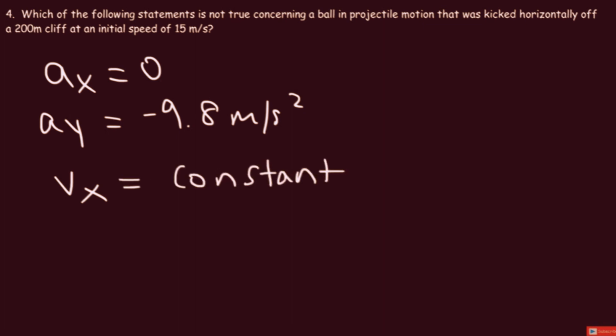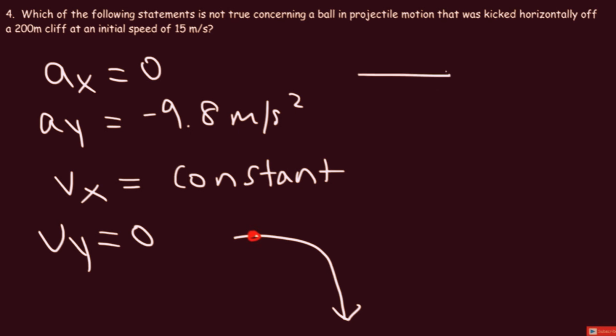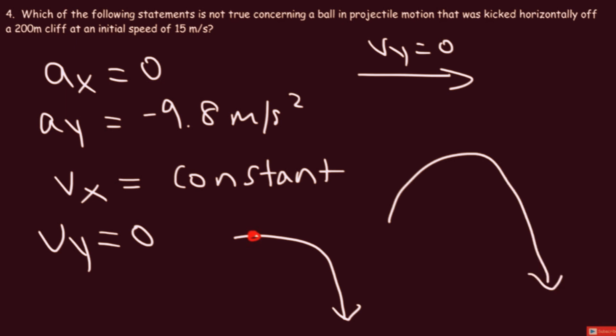Let's say you are going in this direction, at this point Vy is zero, anytime you have an object moving only in the x direction, Vy is zero. So if you get a projectile that looks like this, at the very top the vertical speed is zero because it is moving horizontally at that point. And keep in mind that Vy changes by 9.8 meters per second every second, so the vertical velocity always decreases by 9.8 meters per second every second.